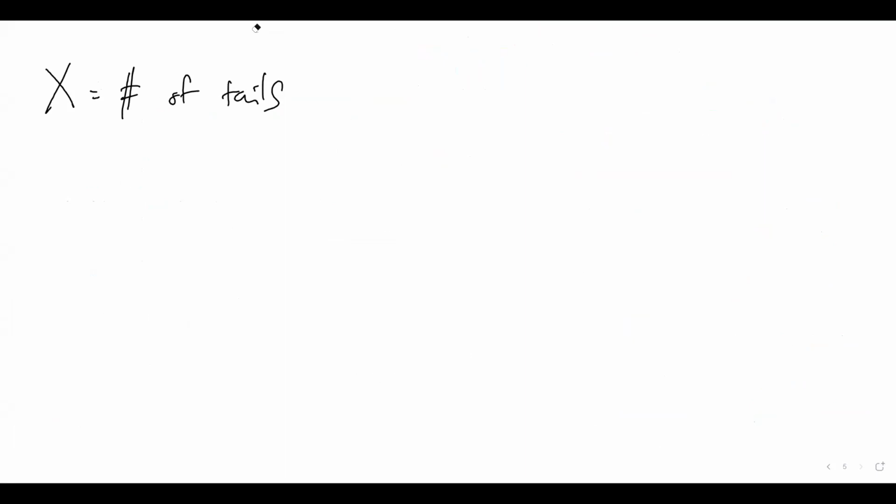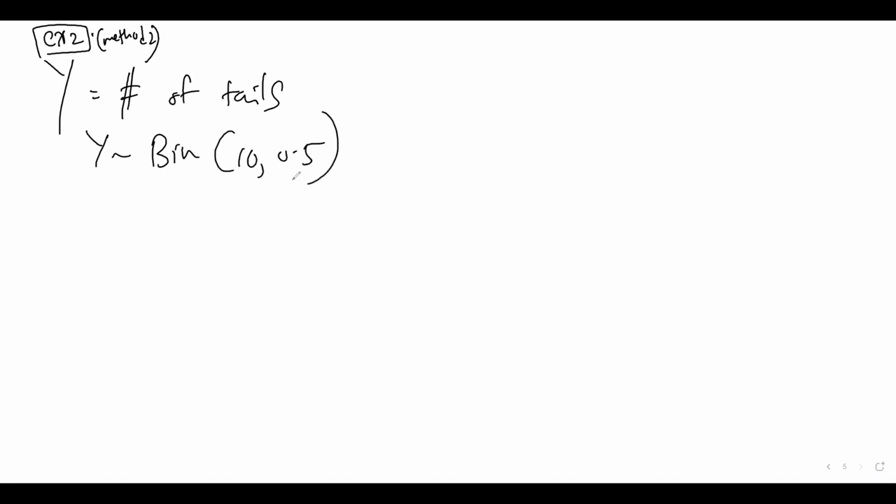To avoid confusions, I write Y. Number of tails. So this is the second method. Example 2, method 2. Here, Y is binomially distributed, 10 and 0.5. Here you don't write 0.2 or 0.8 or anything. This is the hypothesized value, right? Here, how do you compute the p-value?